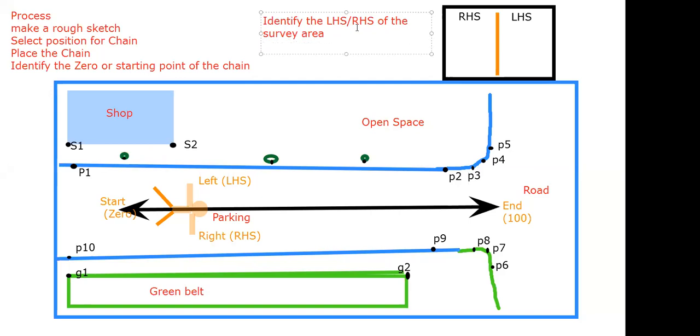Then you can do one thing. I would suggest that would be easy. Now, since you know which one is your left hand side and which one is your right hand side, you start labeling, you start making a list of those features in your field book. This is your field book. You can make the list. This is an optional step.